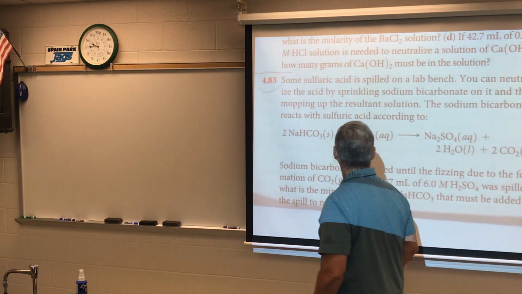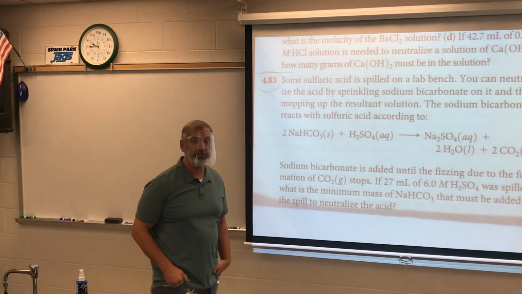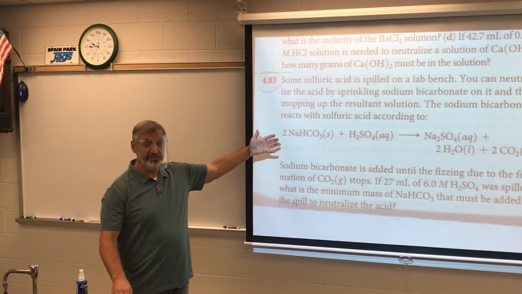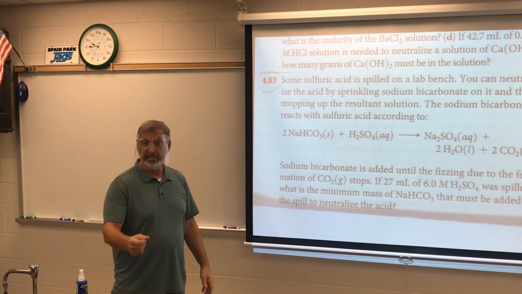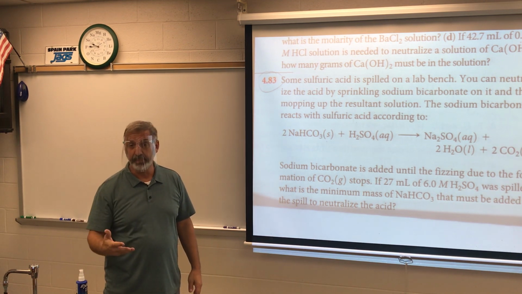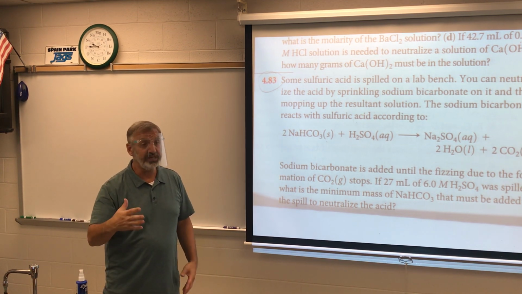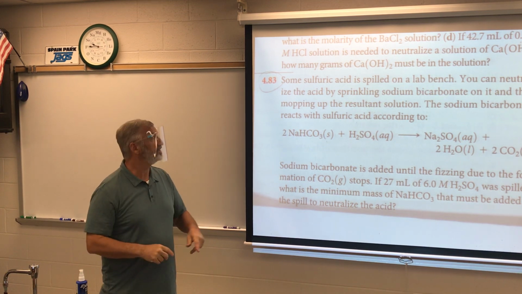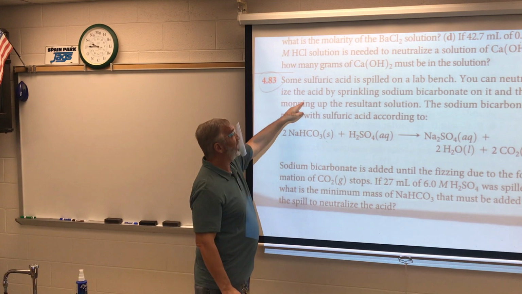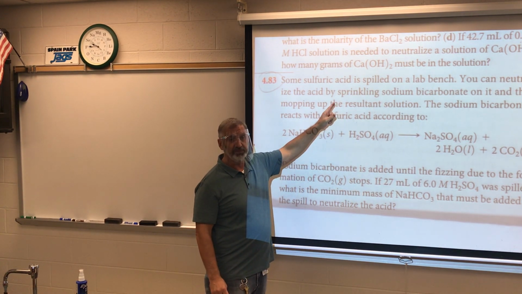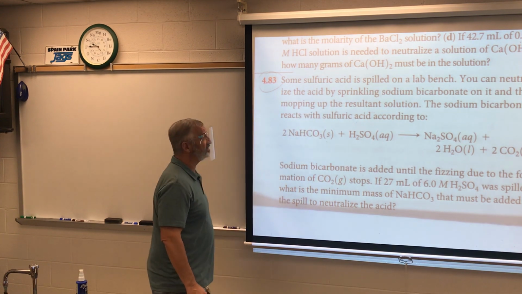You can neutralize the acid by sprinkling sodium bicarbonate on it, which, by the way, is a lab safety technique: if you ever spill acid, you just get some baking soda, sodium bicarbonate, and sprinkle it onto your acid until it stops bubbling. Then you know all the acid's been neutralized, and it's safe to clean up, and you just put it in the trash. I have to do this a lot in labs because things get spilled throughout the year when we use strong acids.